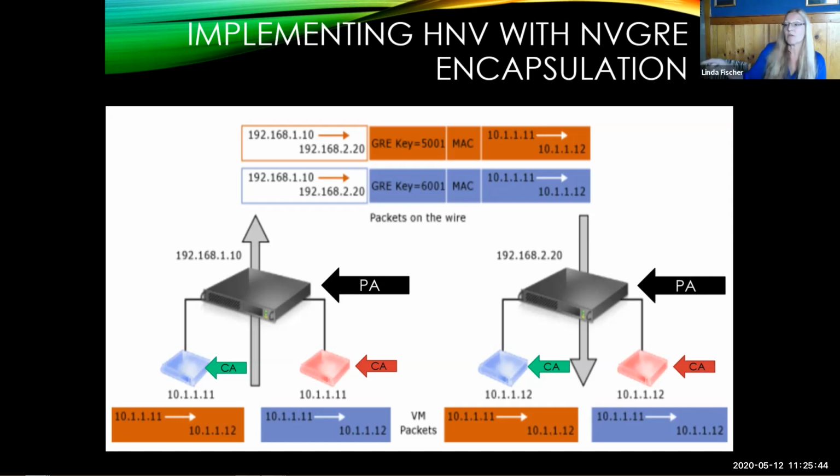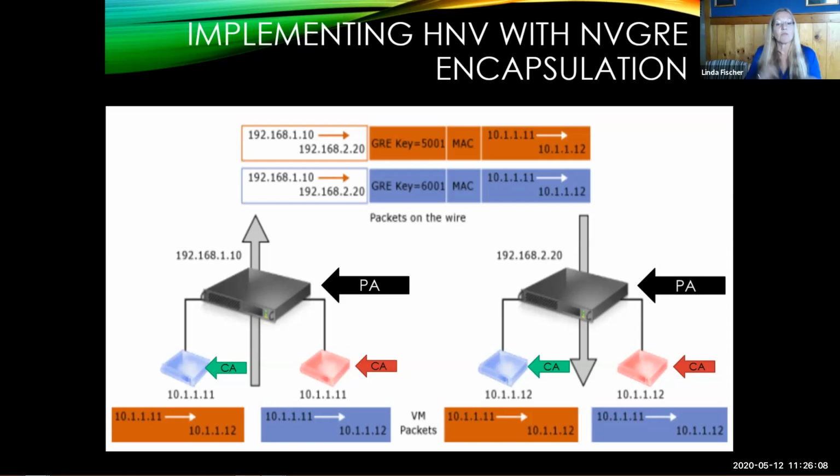And in host 2, we've got 192.168.2.20. So these PAs are used for tunneling the NVGRE traffic between the physical networks, and that would be the 192.168.1 and 192.168.2 networks. And this tunneling is occurring on the physical network.